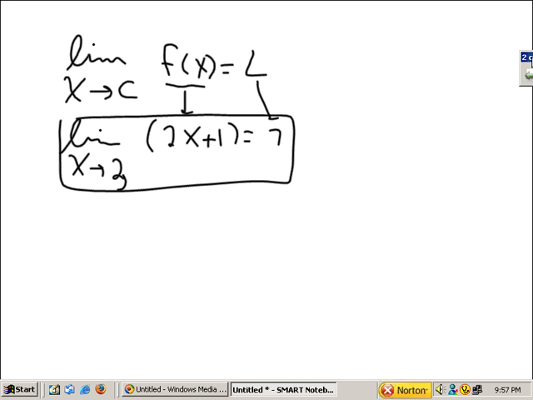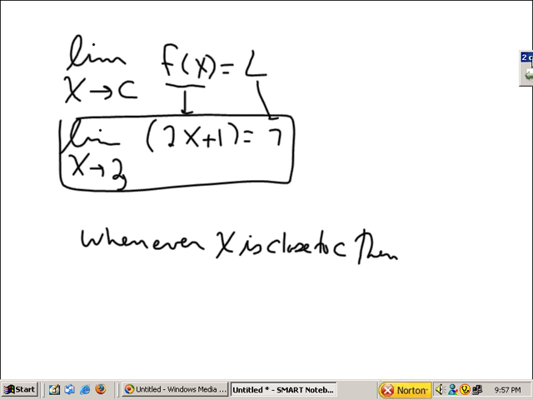It means that whenever x is close to c, then f of x is close to L. If x is really, really close to 3, then this is close to 7.